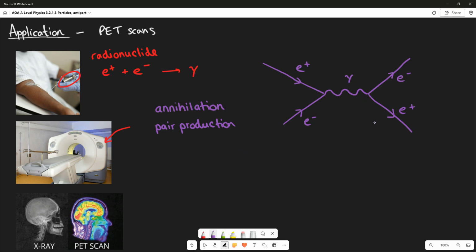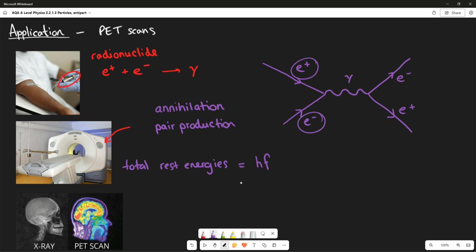You can calculate the frequency and the wavelength of the photon involved in either annihilation or pair production by analysing the rest energies of these particles. So what you would do is add together the rest energies of the particles involved, and that would give you the energy of the photon that would be produced.